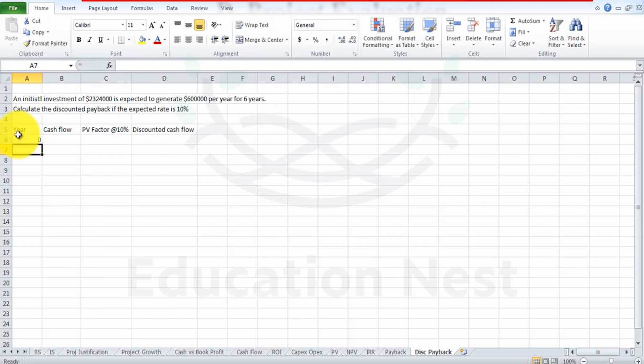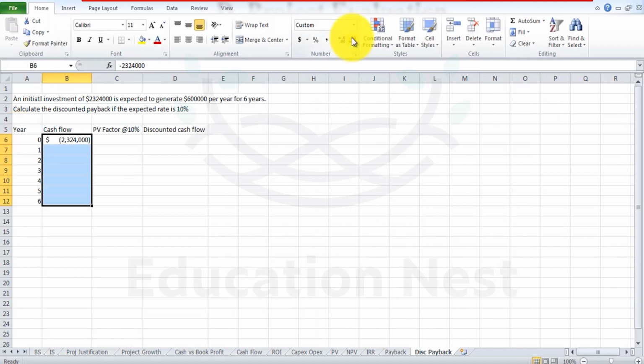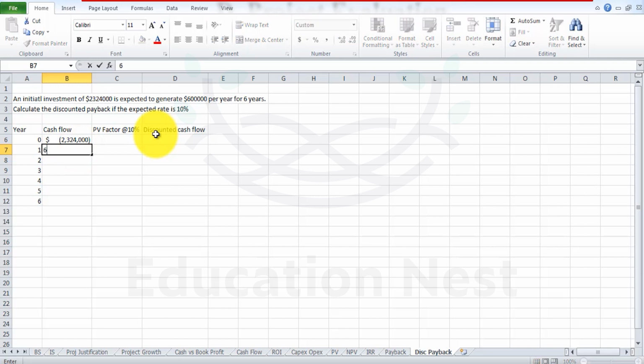Here we're going to have year 0, 1, 2, 3, 4, 5, 6. For year 0, we're going to incur the initial cash outflow of $2,324,000, and every year you're going to have an annual cash inflow of $600,000 till the 6th year.